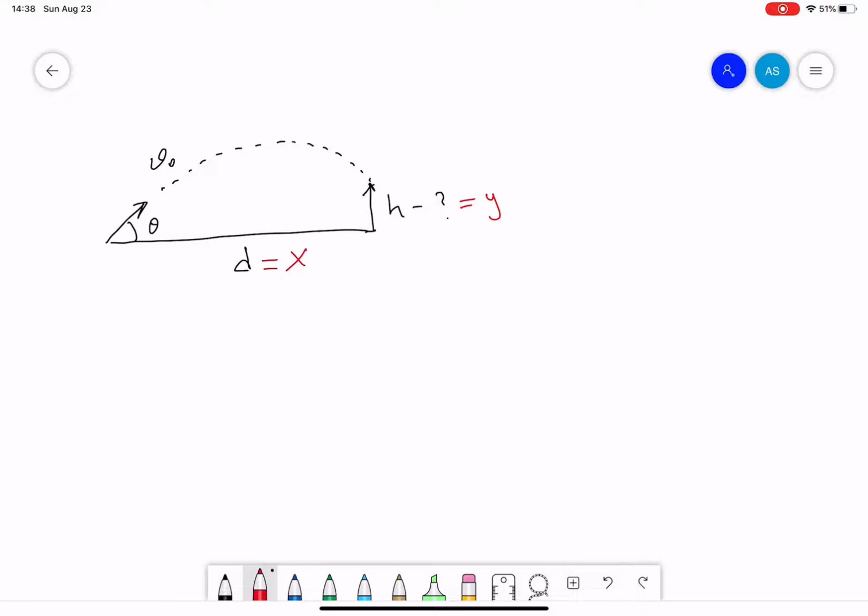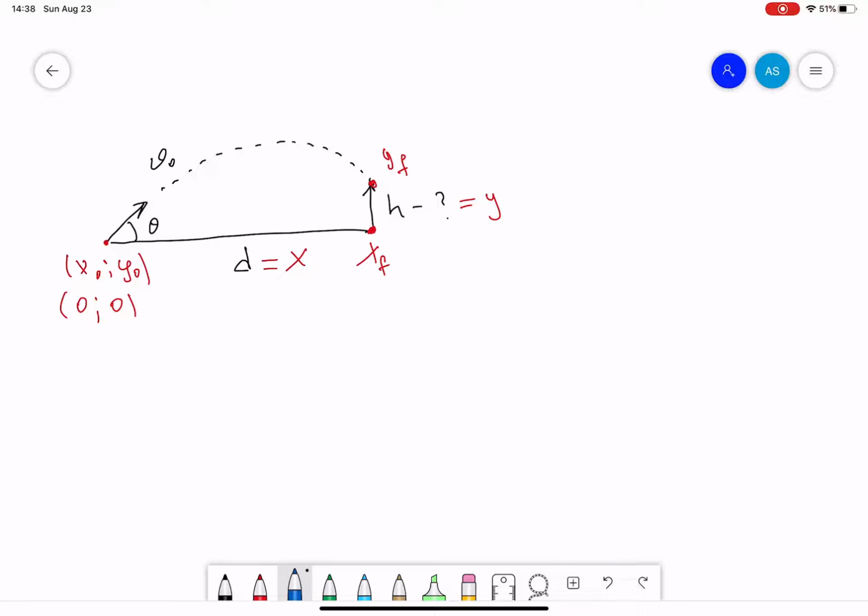We have a coordinate system, so x initial and y initial are both 0 and 0. At this point we have the x final position, and at this point the y final position.